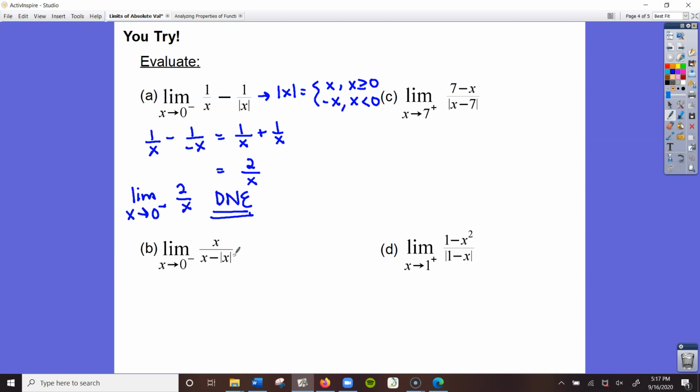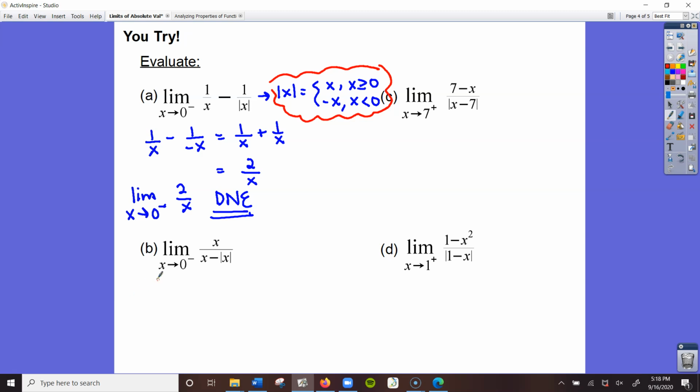Moving on to b, the absolute value part is still just the absolute value of x, so we're going to use the same piecewise function that we wrote earlier. And now I'm just going to go ahead and replace that absolute value with the correct part of that piecewise.